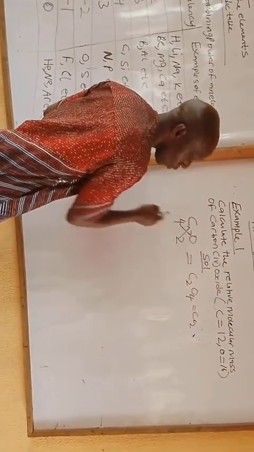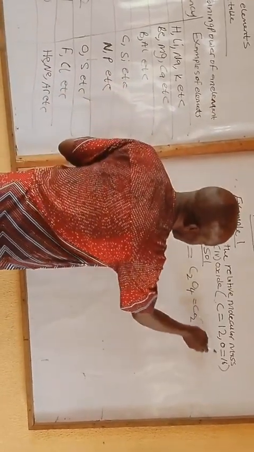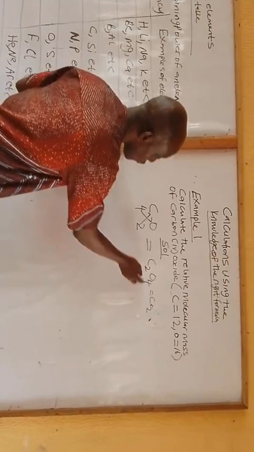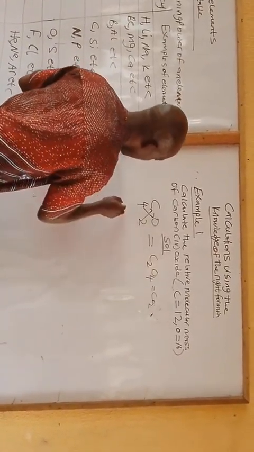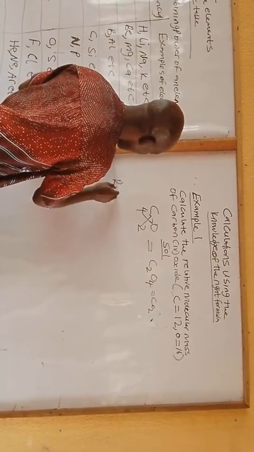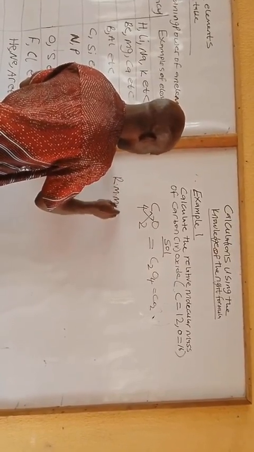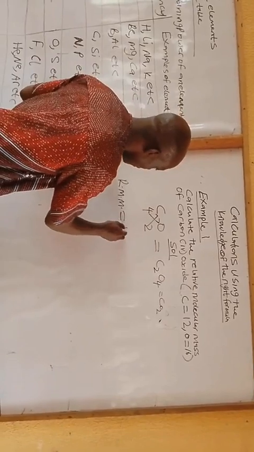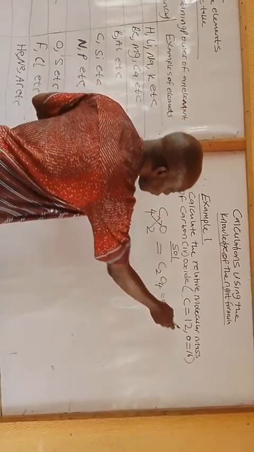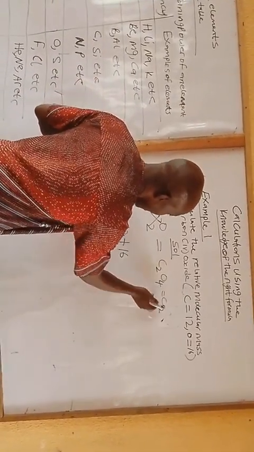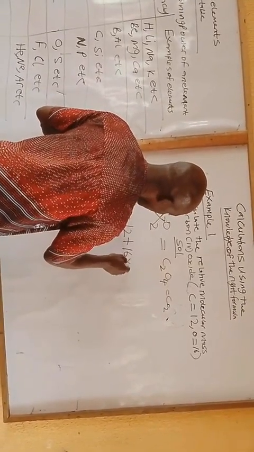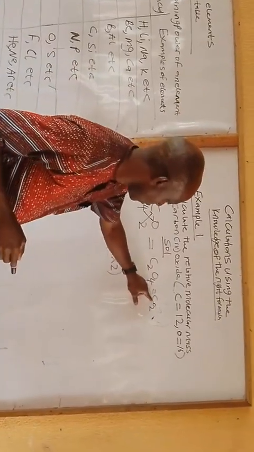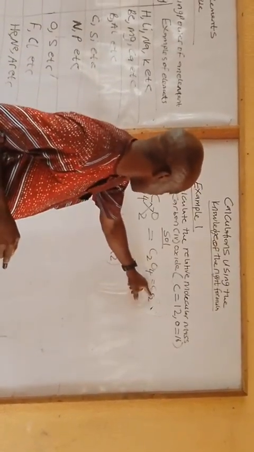You now bring in the values of the relative atomic masses given to you in the question into the formula. Carbon is 12. So you now say relative molecular mass, which we have the short form as RMM, is 12 plus oxygen, which is 16, times 2, which you have as the subscript. 12 plus 16 times 2.